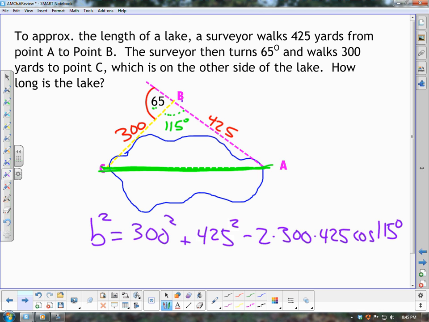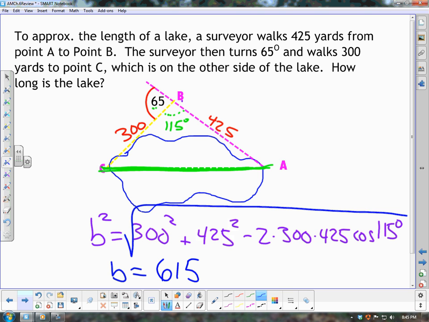And then b will equal the square root of that whole thing. And so when you put that all in your calculator and take the square root, you're going to get 615. So this is 615 feet.